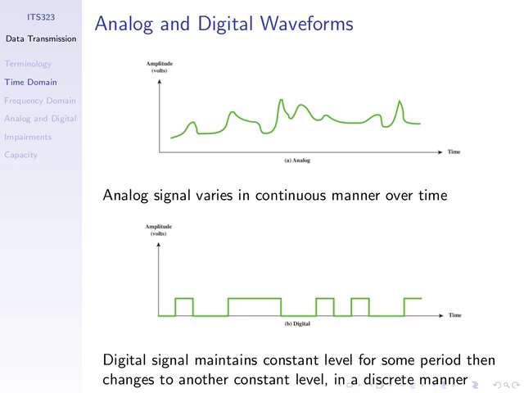And the alternative, a digital signal which makes discrete changes. It's at one level for some period of time and then immediately changes to another level and then another level and so on. This is a digital signal. Again, plotted as some amplitude or signal intensity, in this example volts, versus time, seconds.